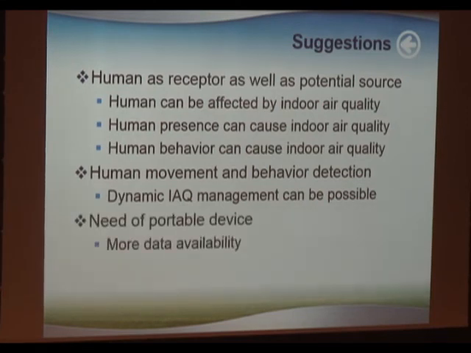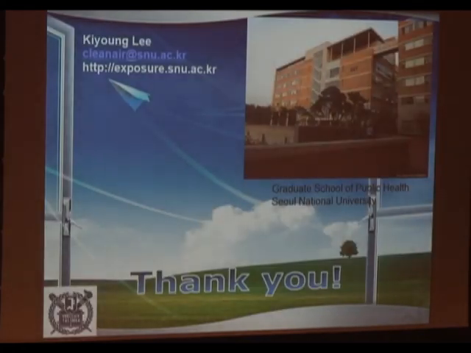And also, I'd like to propose that we need more portable devices that can provide better data. One of these tools would be the mobile phone. So we have to look at this tool to provide more accurate data on indoor environments and population exposure. So with that, thank you for your attention.